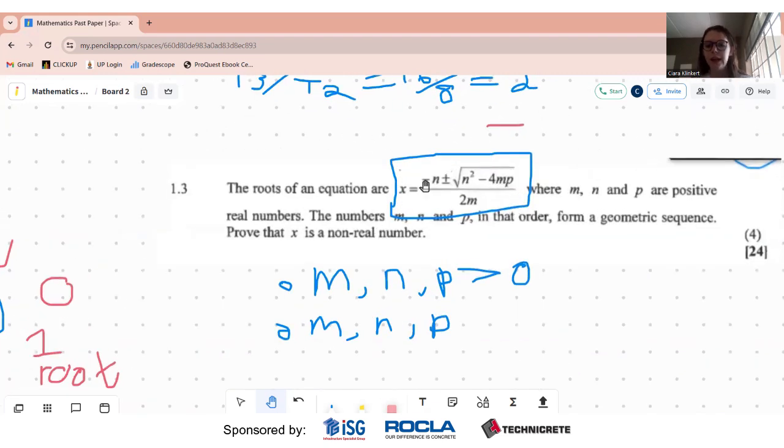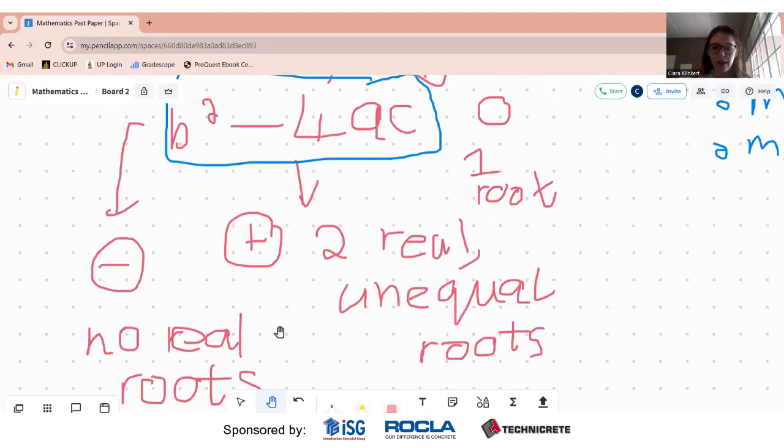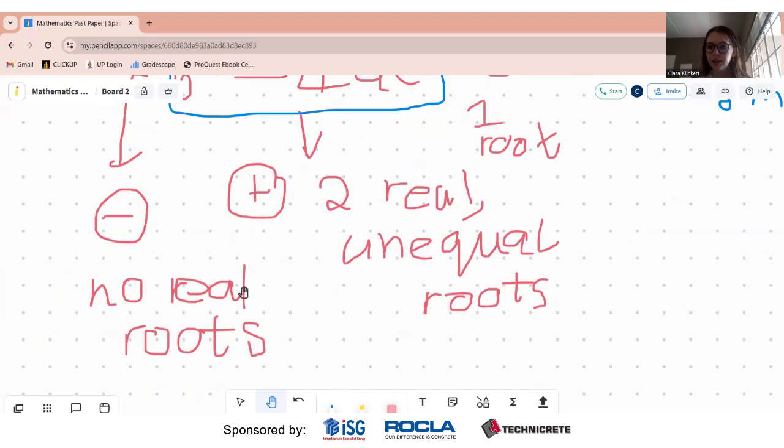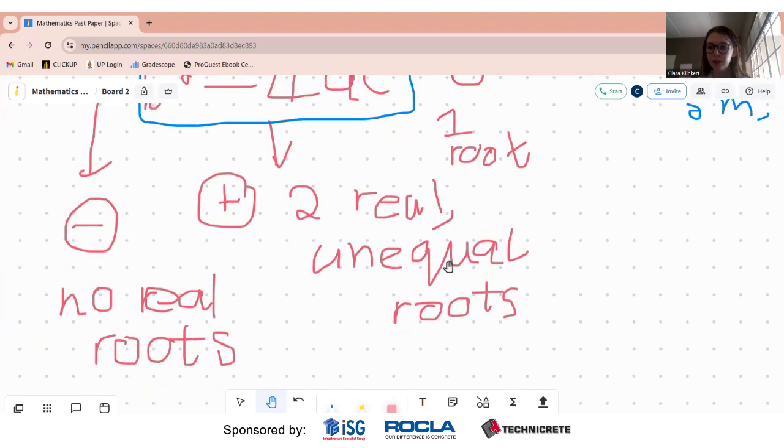Because since n and m and p are all positive numbers, if I ignore the root, and I think of negative n over 2m, I can only get 1 root, and it will be real because n and m are positive numbers. But what's happening under the root will influence that, because if what's under the root is negative, then I will have the case of no real roots, as I explained in my previous video.